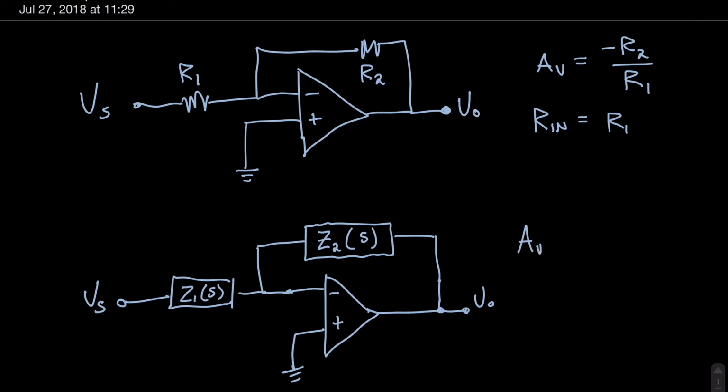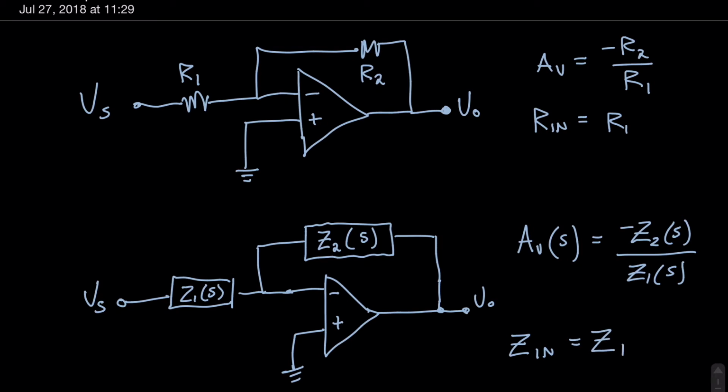We're going to have AV, but now it's going to be in terms of S in the S domain, and that's just going to be equal to minus Z2 as a function of S, divided by Z1 as a function of S. And then same thing for Zin, same thing as Rin, that's just going to be equal to Z1 of S.